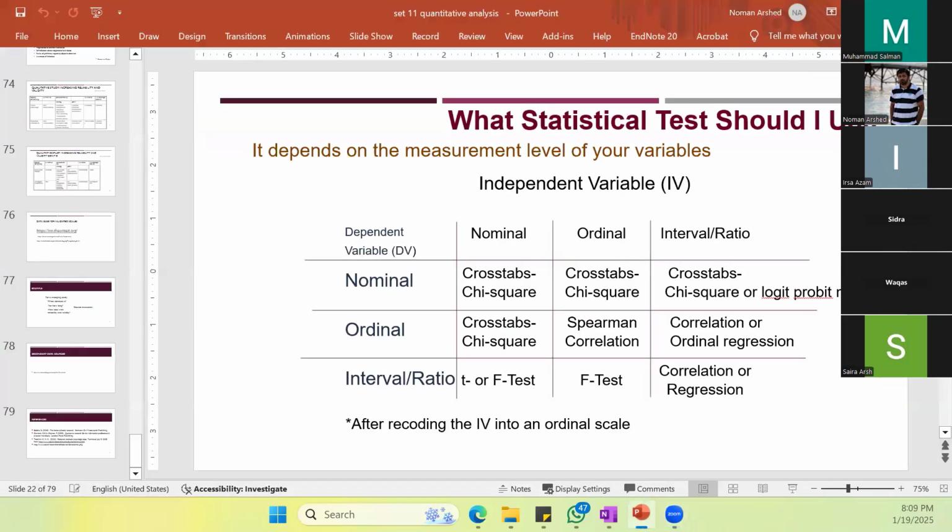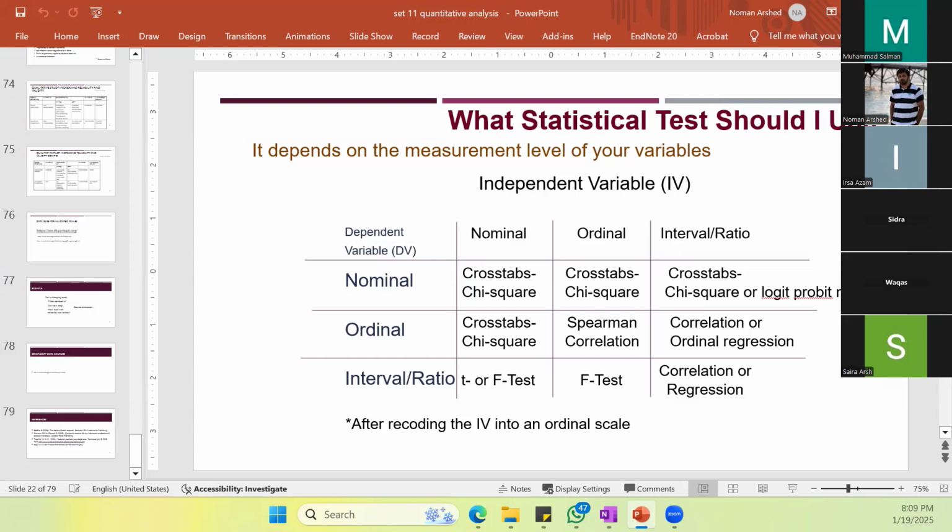So I will bring a topic on the screen. You can see a table here. It talks about what methods we use, why we use them, and what the reasons are. It usually depends upon two things: the dependent variable and the independent variable.